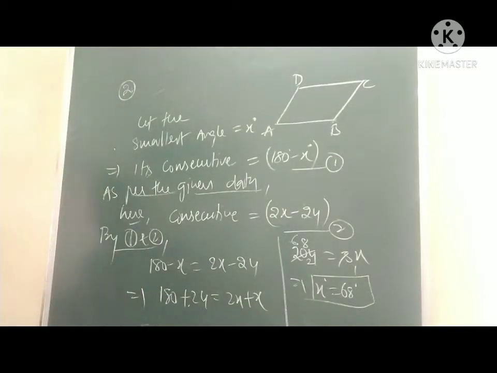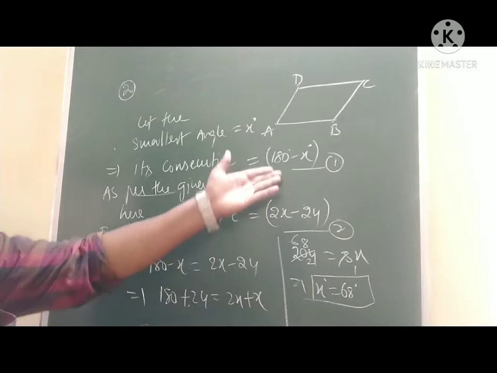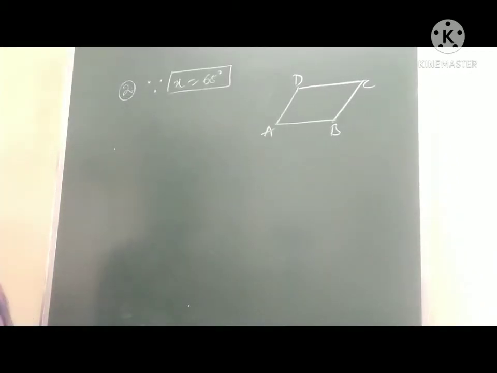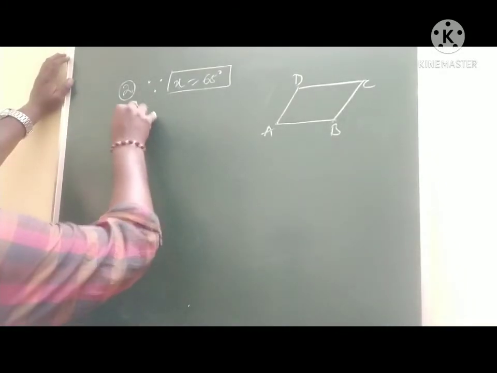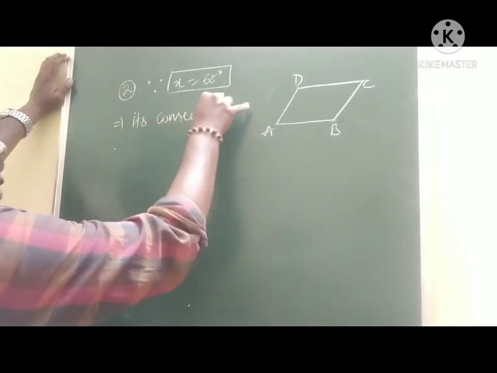So now we need to find the remaining angles, right? So x is equal to 68. You can substitute here, or else you can substitute here also, no issue. Let us find them, because they are asking to find the measure of all the angles. Since we got the x value 68, now what about its consecutive angle?